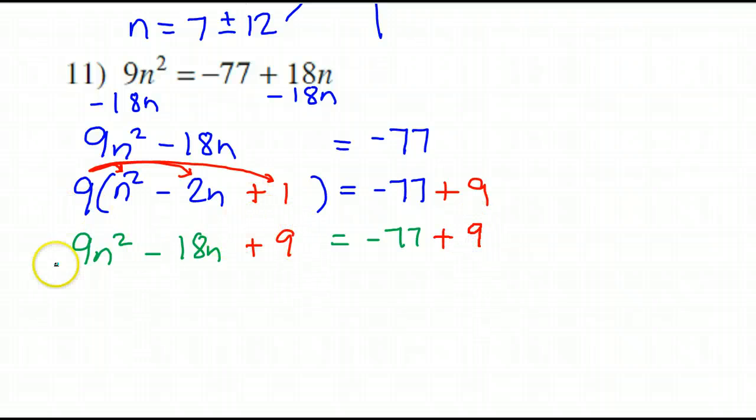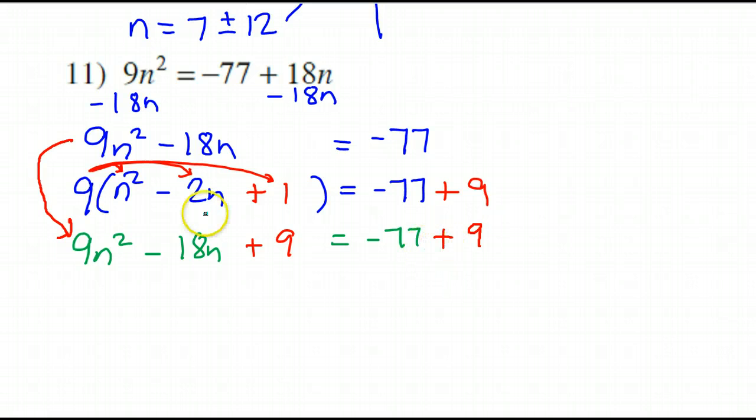If I did the distributive property, you would see I would have this. Now, looking at the blue compared with the green that I just put, you see I have 9n squared minus 18n, 9n squared minus 18n. And then all of a sudden I have plus 9. So of course I would need a plus 9 over here to balance it out.